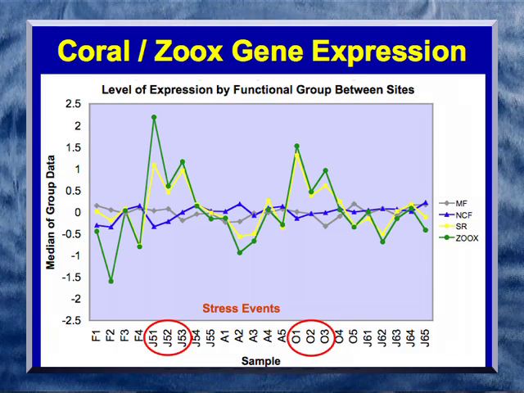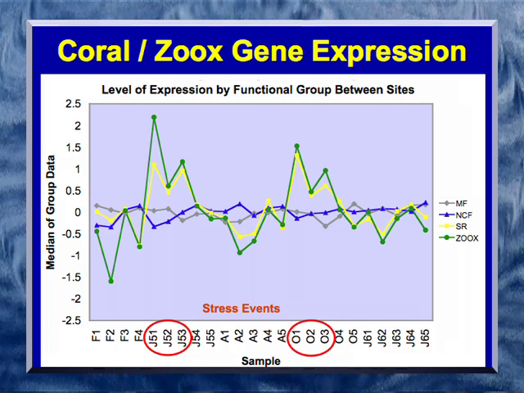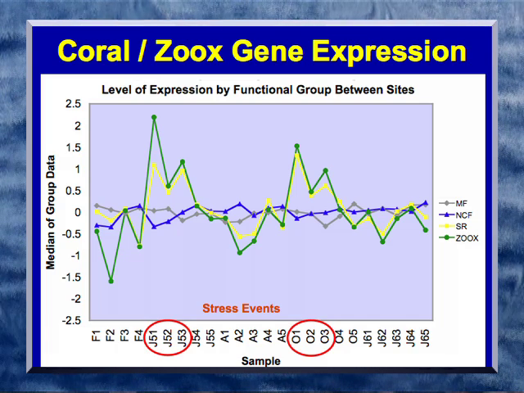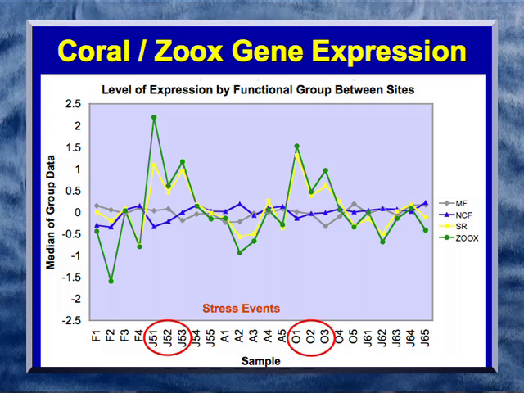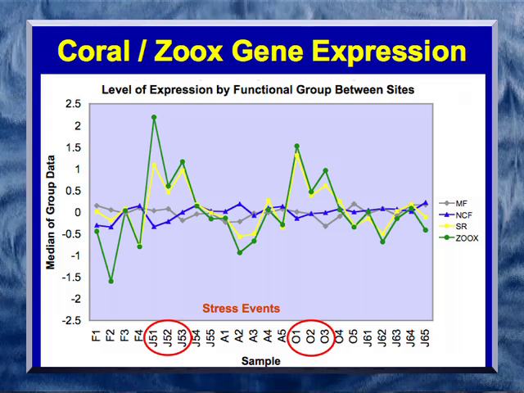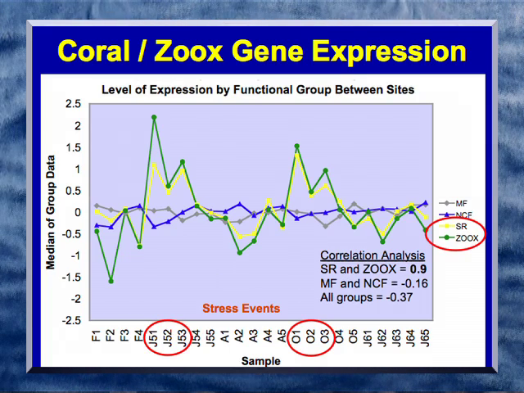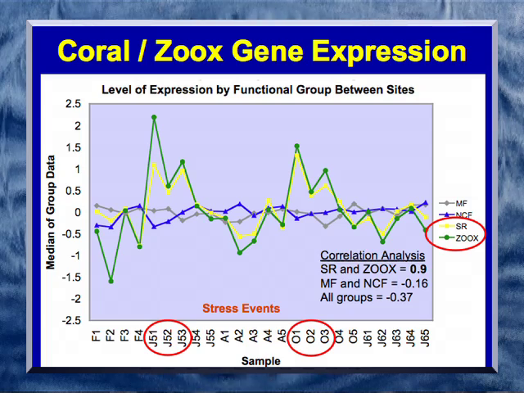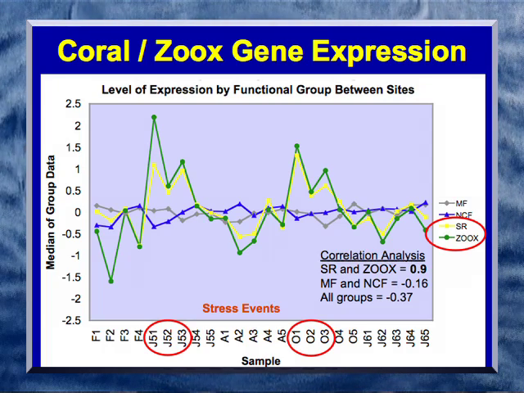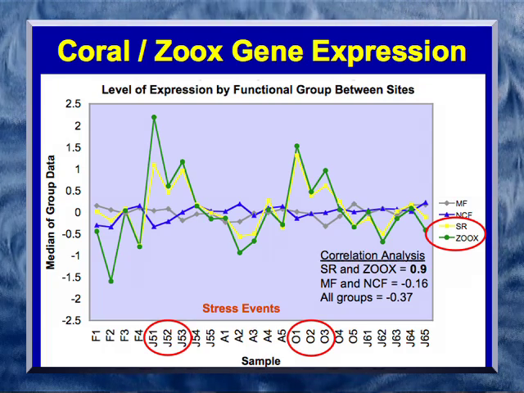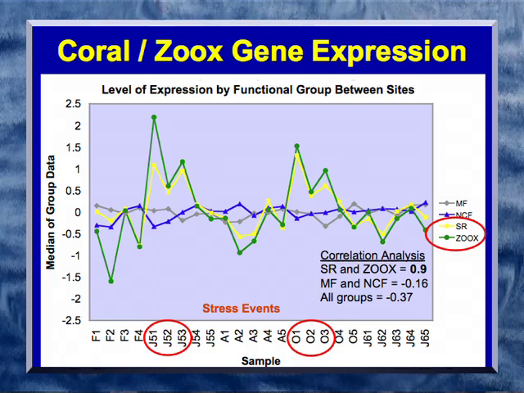And what's interesting to note here is you see two specific stress events in these samples where stress gene expression in the host spikes. And it's interesting to note that the zooxanthellae gene expression correlates at a 0.9 correlation with only the host stress gene expression.